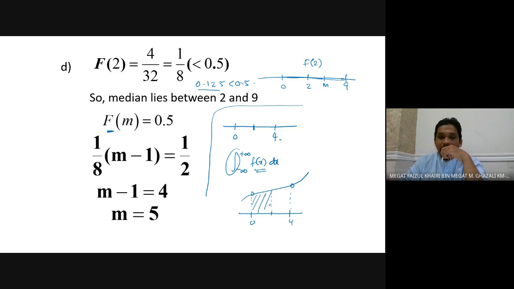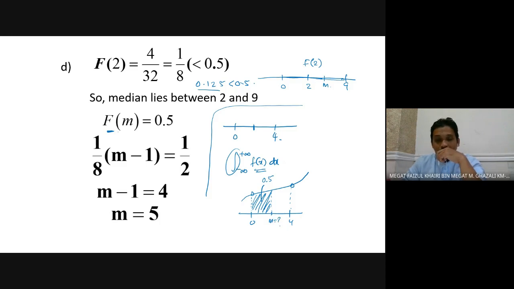Okay, if this area, we call the area of this is 0.5, then we need to find out what is the value of m.